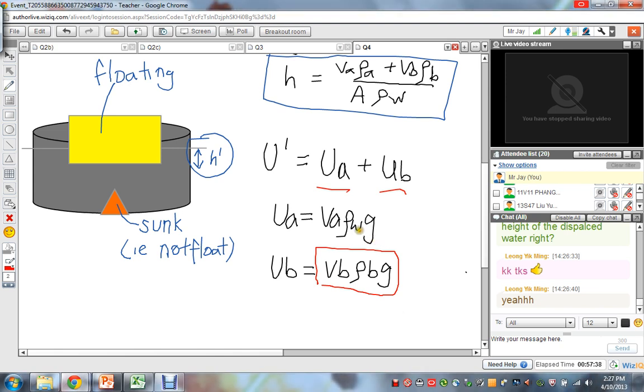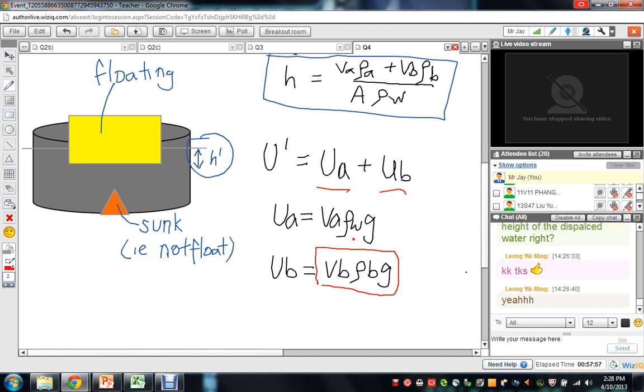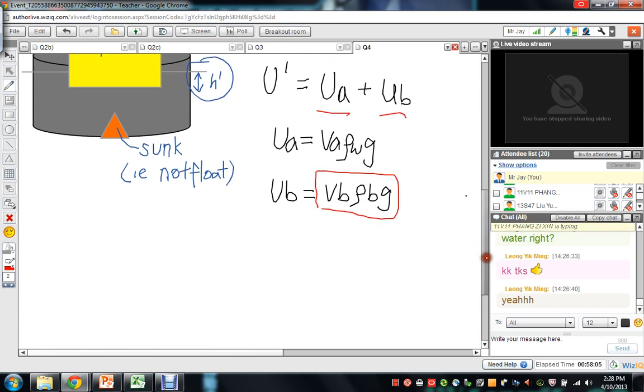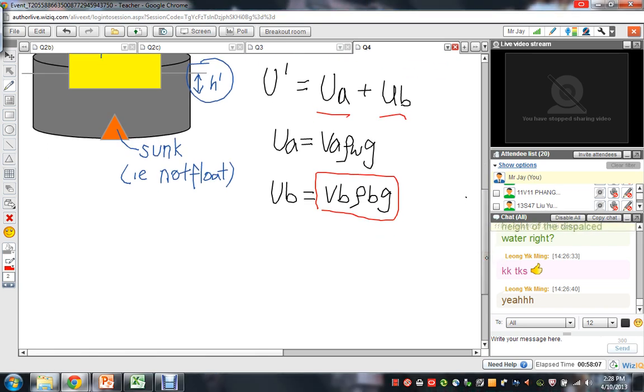So I only know that the upthrust of the anchor is equal to the weight of the fluid displaced by the anchor. So it is VA times rho water times G. This is basically the amount of water that is displaced by the anchor. So now we know UA and UB. Let's create an expression for U prime.